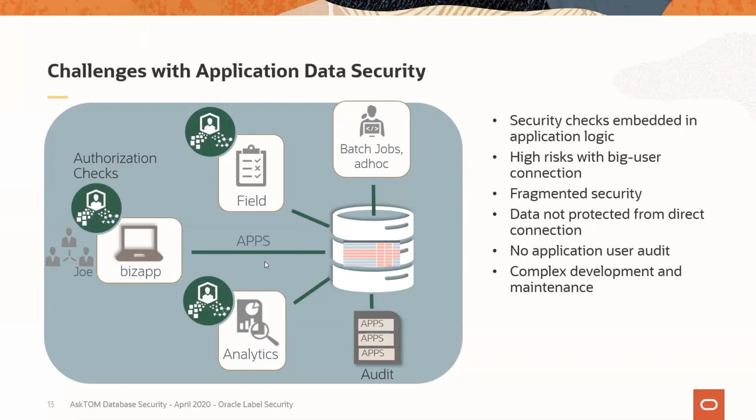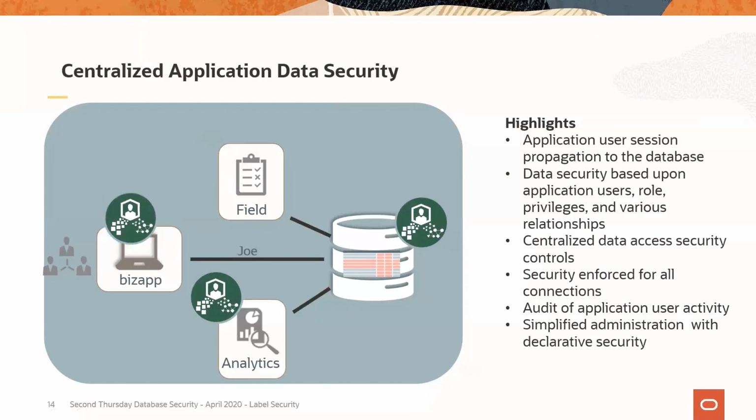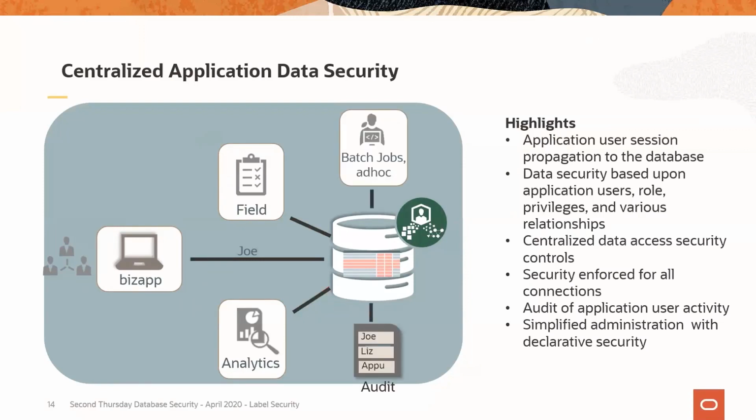We also found in talking to a customer that 20% of their application development, the custom development they do in-house, is around authorization checks. Now, if you centralize this application authorization, you can save time for each application.